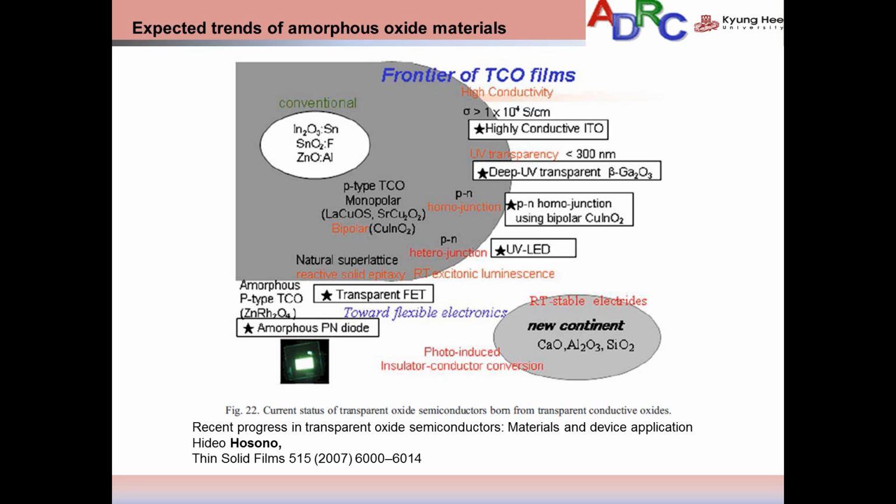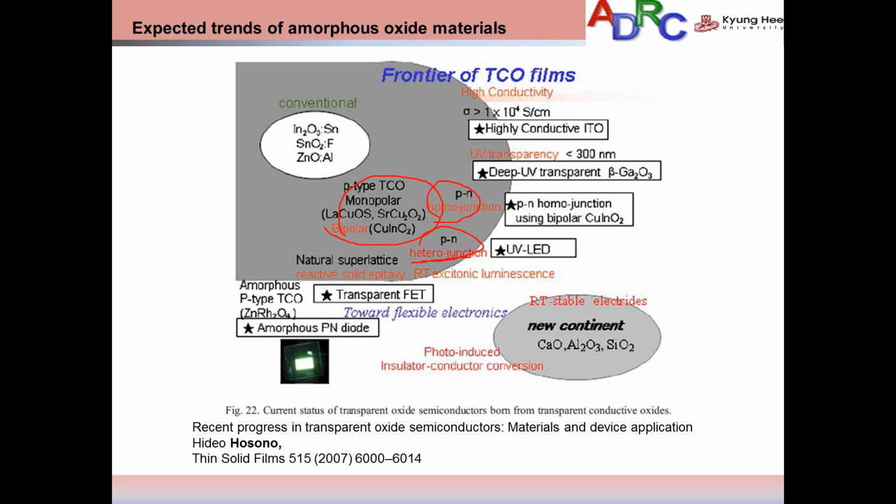So the other semiconductors would be p-type, and the idea would be, of course, to make either a PN heterojunction or a PN homojunction. So this would mean using two different kinds of semiconductor, maybe indium gallium zinc oxide for the n-type, and maybe another p-type material which could be from the copper family, copper indium or lanthanum copper oxide, something.